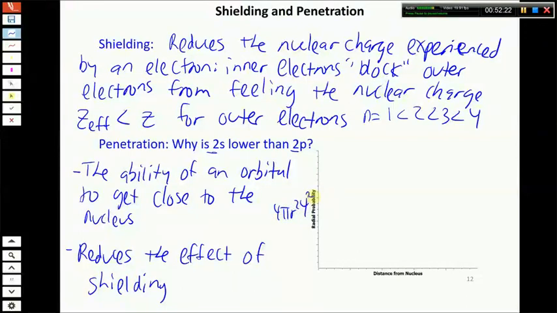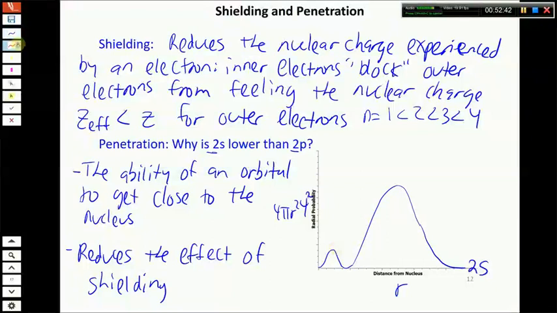So if we compare, and this is again r, the distance from the nucleus, if we have 2s, we saw that 2s is going to be this sort of double peak here. The blue one is 2s, and it has a node.